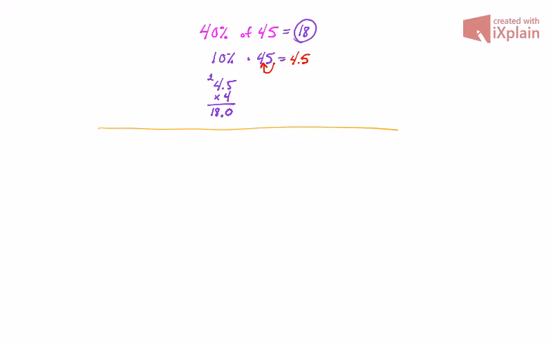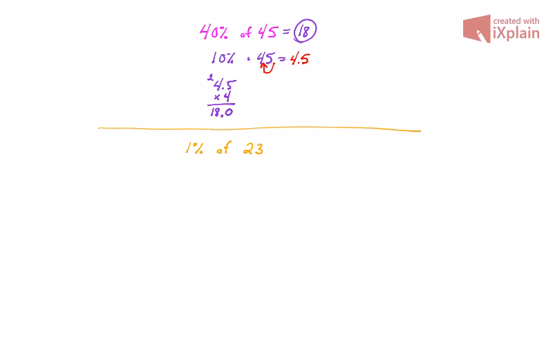So let's go ahead and look at this idea now applied to 1%. If I want to know, for example, 1% of, say, 23. This is very similar to the idea of 10%. I'm going to rewrite this.